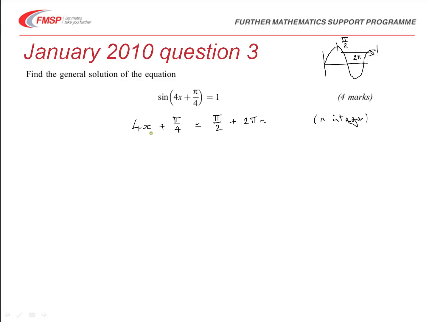Okay, now we want to relate the value of x, so we've got to rearrange this in terms of x. So if we subtract the pi by 4, we know that pi by 2 is 2 lots of pi by 4, so when you subtract the pi by 4 you're just left with one of those.